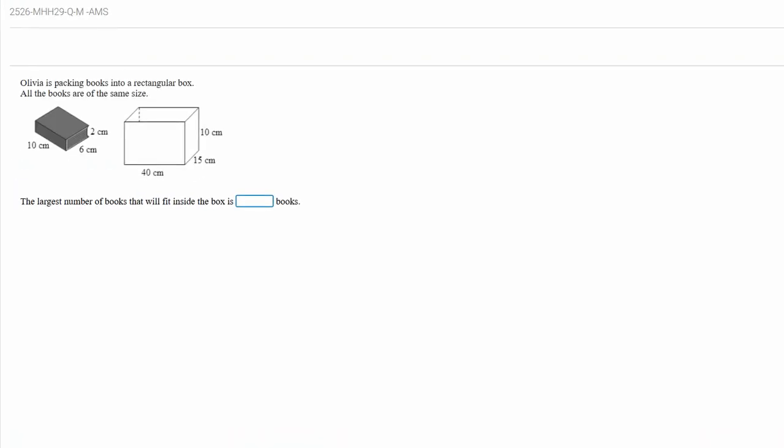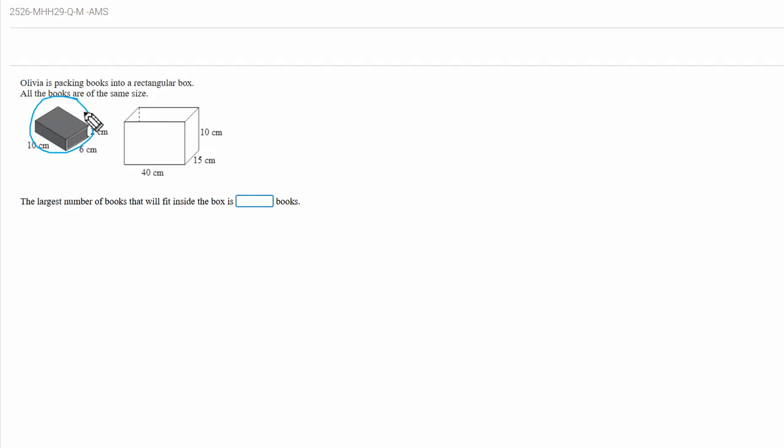Okay, now here what are we going to do? Some of the students do have a problem with this question, but it's easy. Remember, what is the volume of a box? The volume of the box is the space inside. Understand the logic behind the concept. Now, if I also know the volume of the book, it's the shape and the space it's going to cover.